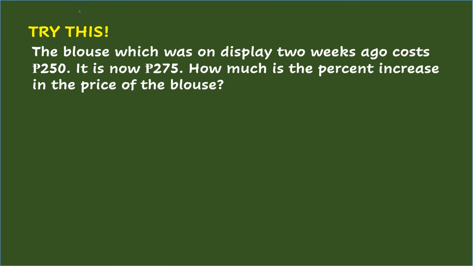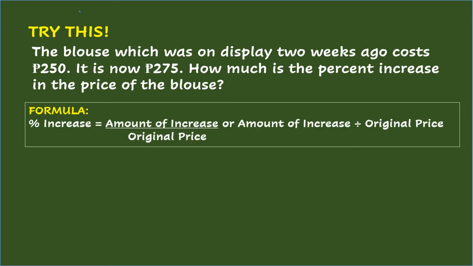Try this. The blouse which was on display 2 weeks ago cost 250 pesos. It is now 275 pesos. How much is the percent increase in the price of the blouse? To get the percent increase, use the formula percent increase equals amount of increase divided by original price.